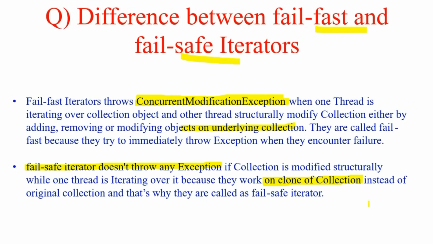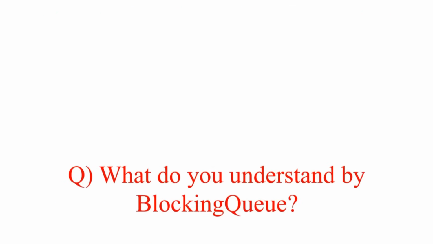The reason is that it works on the clone of the collection instead of the original collection, and hence it allows you to do it simultaneously and later on they merge it all. So that's the main difference between fail-fast and fail-safe iterators.